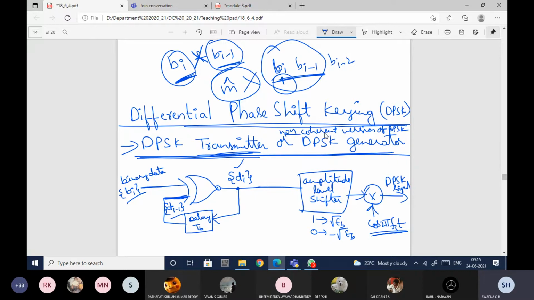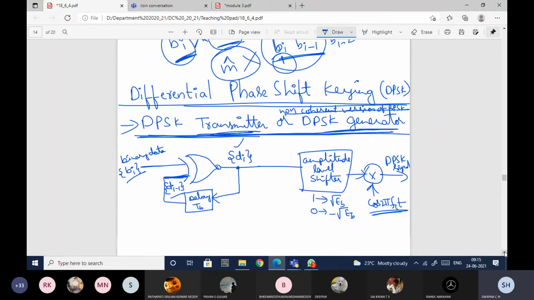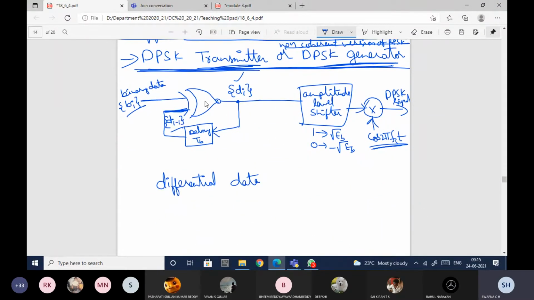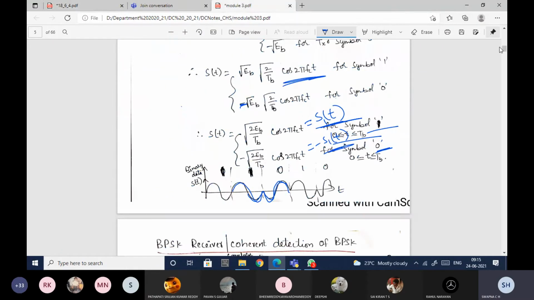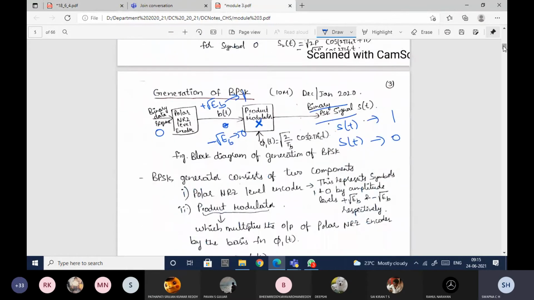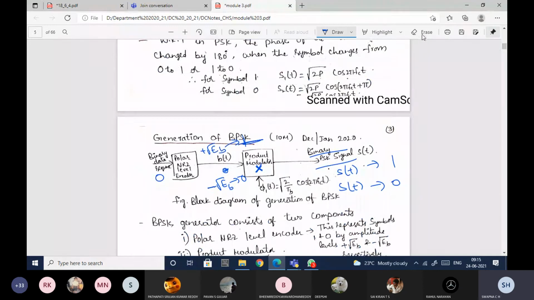So here again, if I want to have differential phase shift keying at the detector, I also need to have the transmitter. So the DPSK transmitter is taken in this way. If you just take your BPSK modulator, this is your BPSK generation.